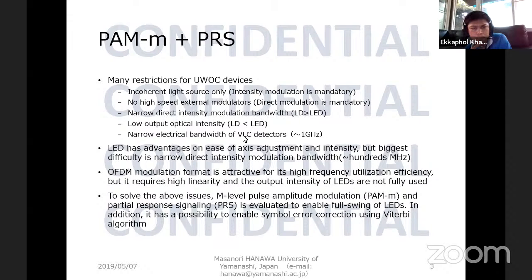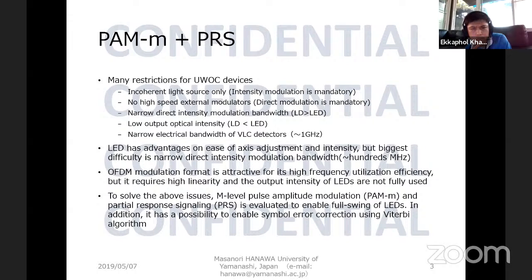And at receivers, detectors have narrower electrical bandwidths. It's not 1 gigahertz, but about 100 megahertz or several hundred megahertz.